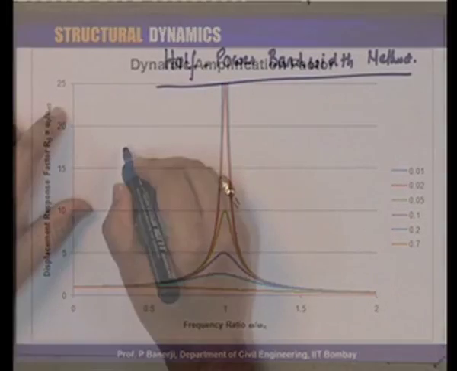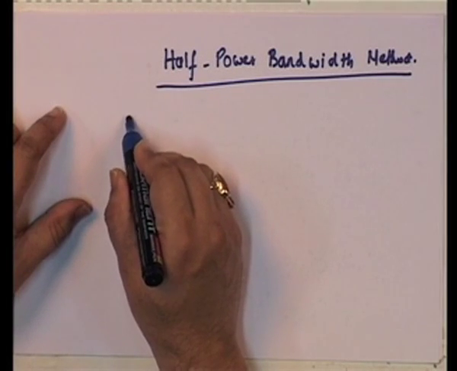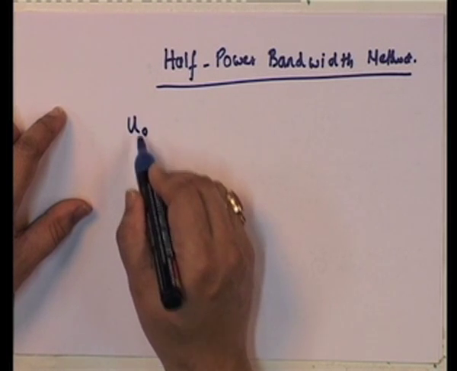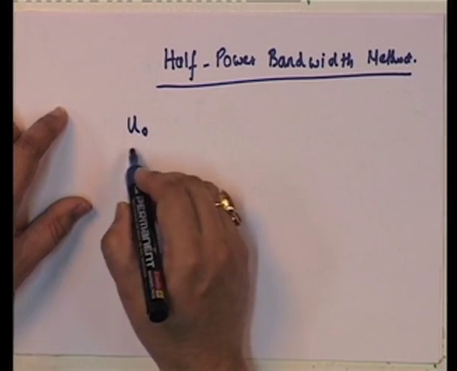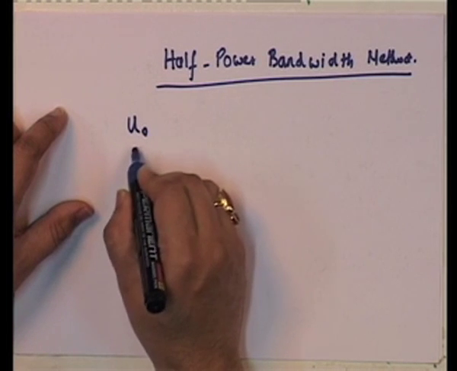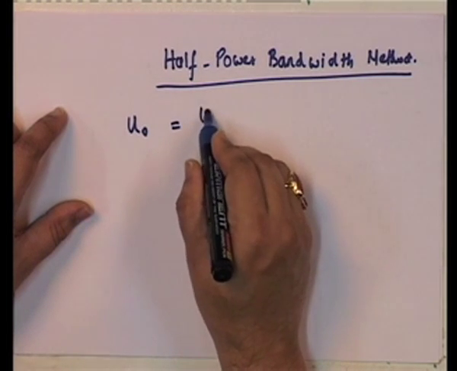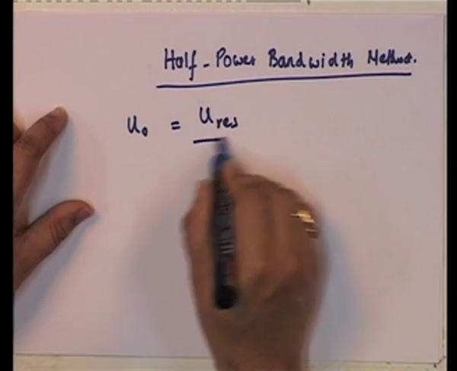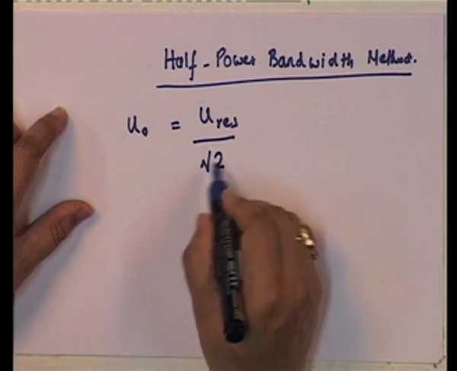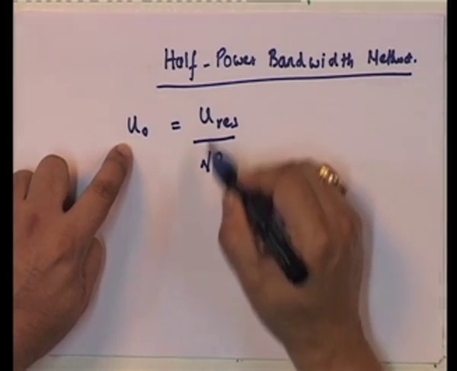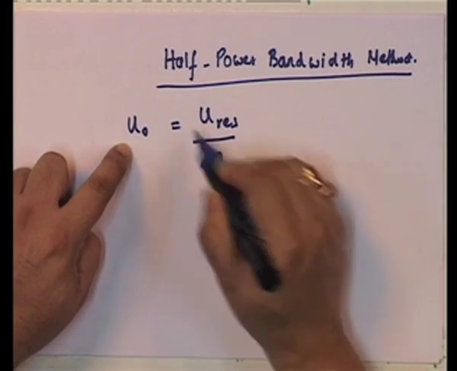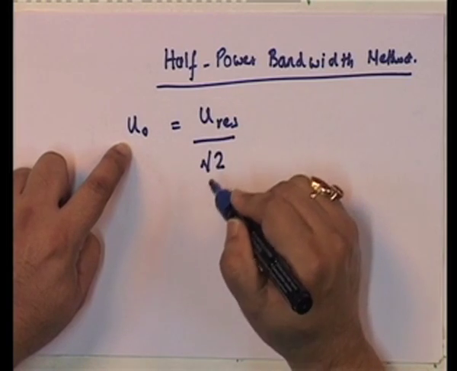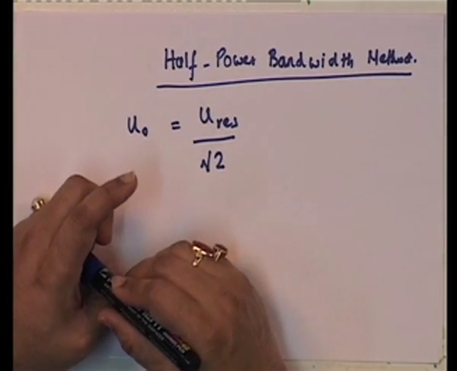Half power essentially means that U0, the peak amplitude, is equal to U at resonance upon root 2. Because if displacement is reduced by root 2, then the power, which is the square of the displacement, is half. That is the reason why we call it the half power bandwidth.